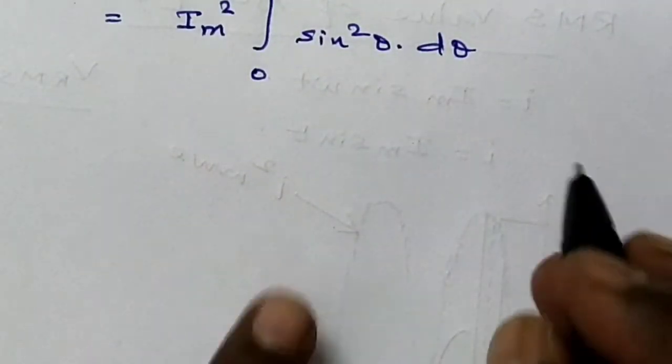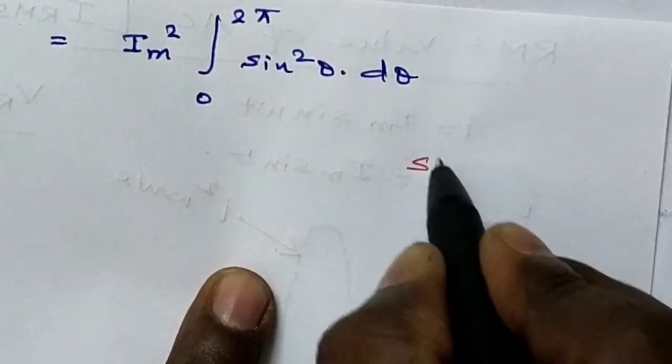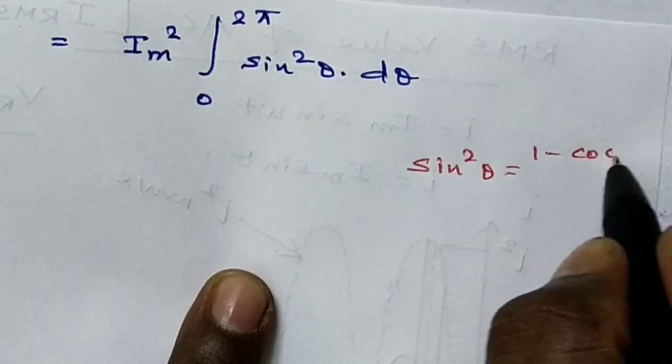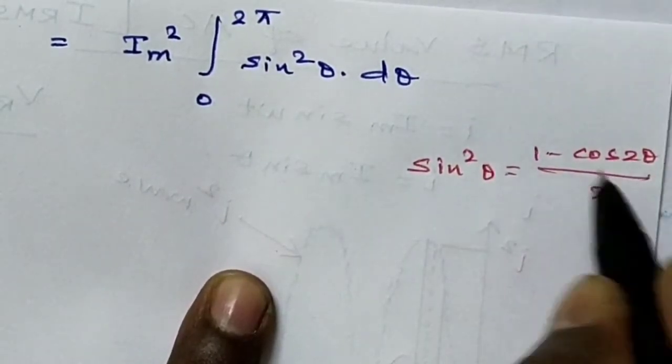Now rearrange sin squared theta: sin squared theta equals 1 minus cos 2 theta divided by 2.